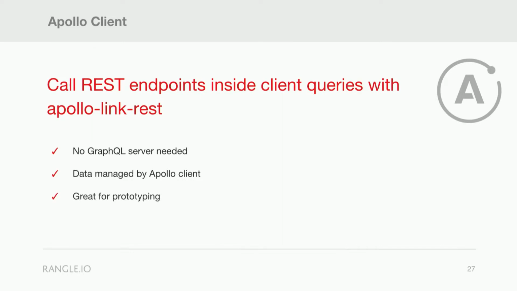And again, it's great for prototyping. So if you're just trying to test out Apollo client, see how it might work on your team, but you don't want to make the full investment, you can use this to query your existing REST endpoints and see how that works. That being said, if you're trying to do something a little bit more complex, because it is limited in nature, you might want to move that into a server.